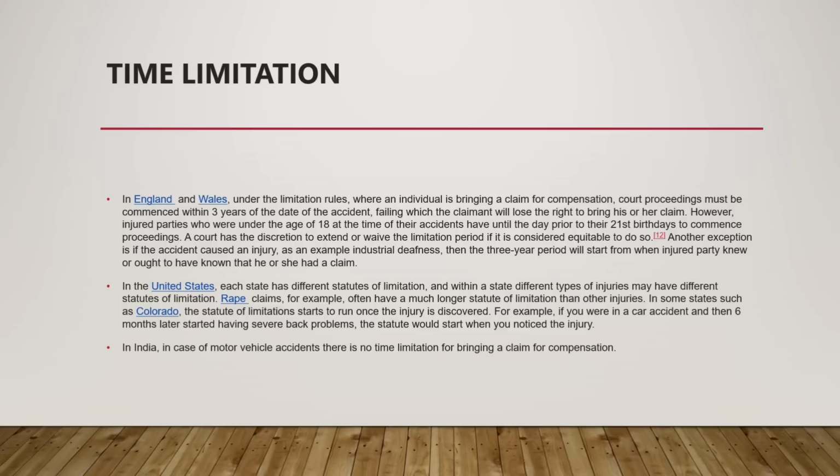However, injured parties who were under the age of 18 at the time of their accidents have until the day prior to their 21st birthdays to commence proceedings. A court has the discretion to extend or waive the limitation period if it is considered equitable to do so.